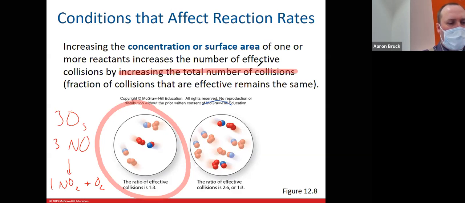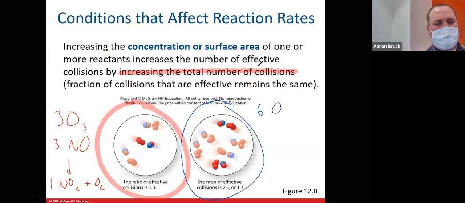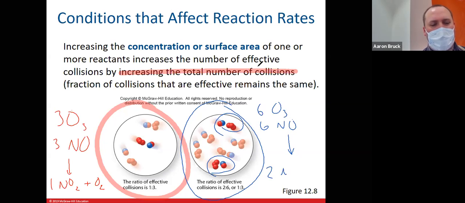In the panel here on the right, I have 6 ozones and 6 nitrogen monoxides. In the end, 2 of those collisions are effective, so I'll end up getting 2 NO2s and 2 O2s.